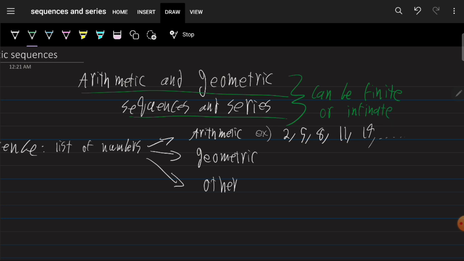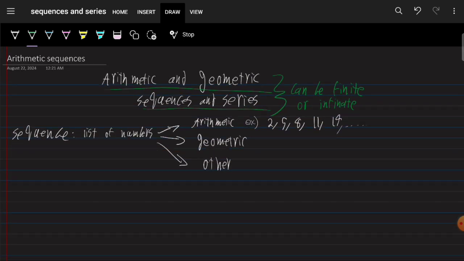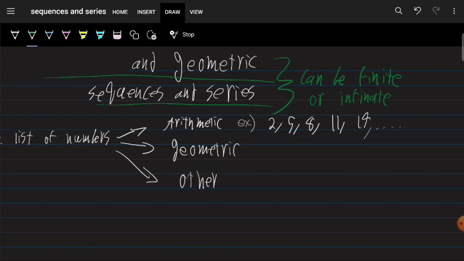So the main point with arithmetic sequences is that they have a pattern, and that pattern is the numbers going up or down in a predictable manner. So going up by a specific number or down by a specific number.